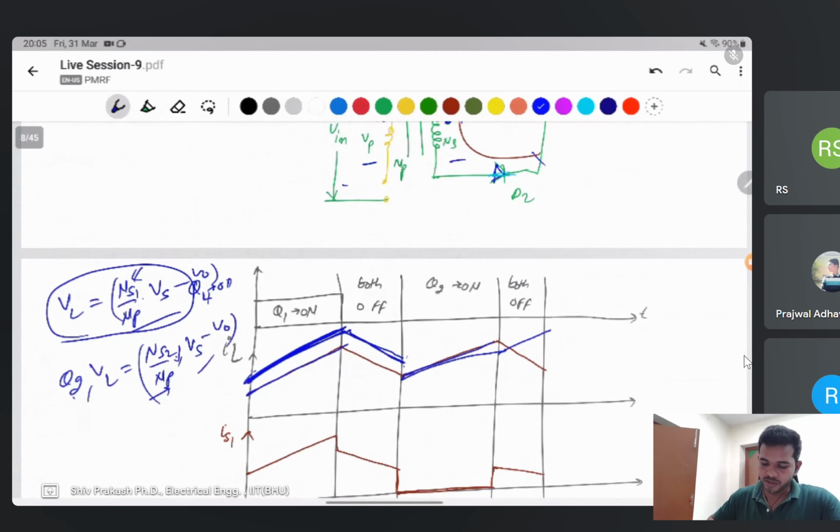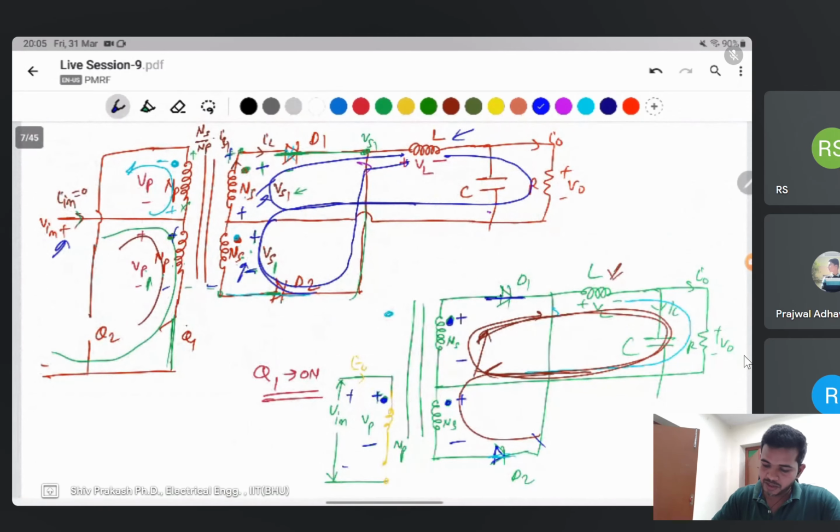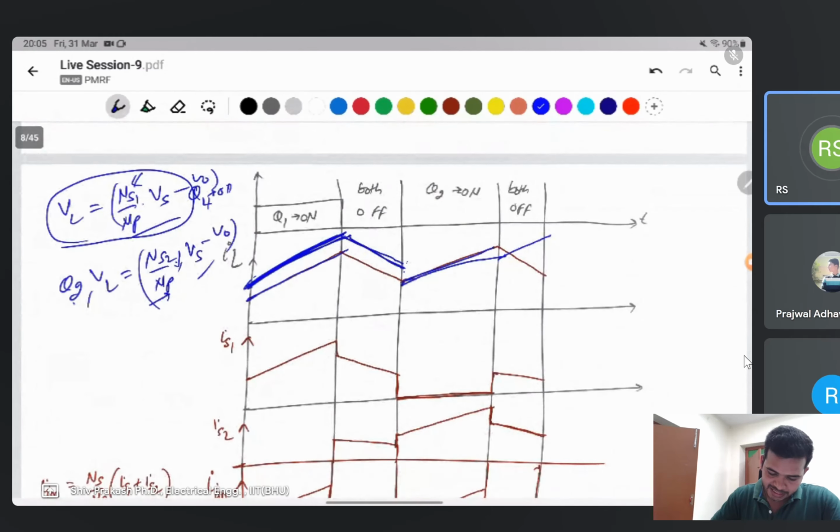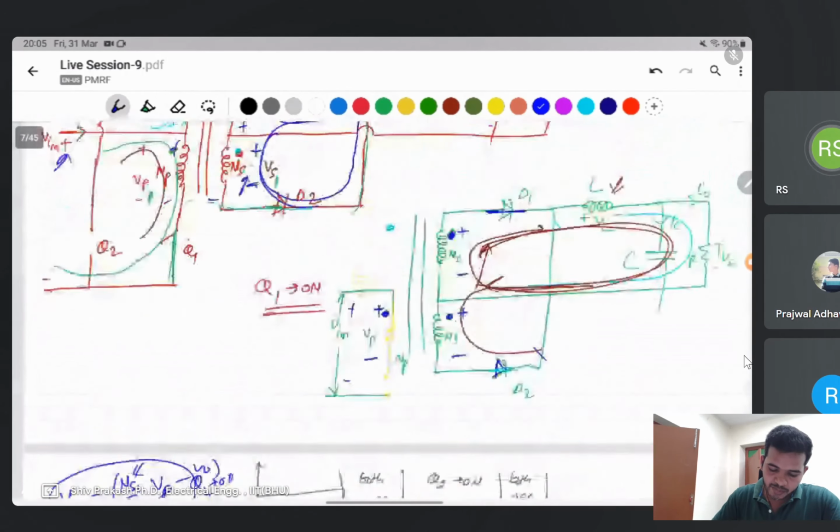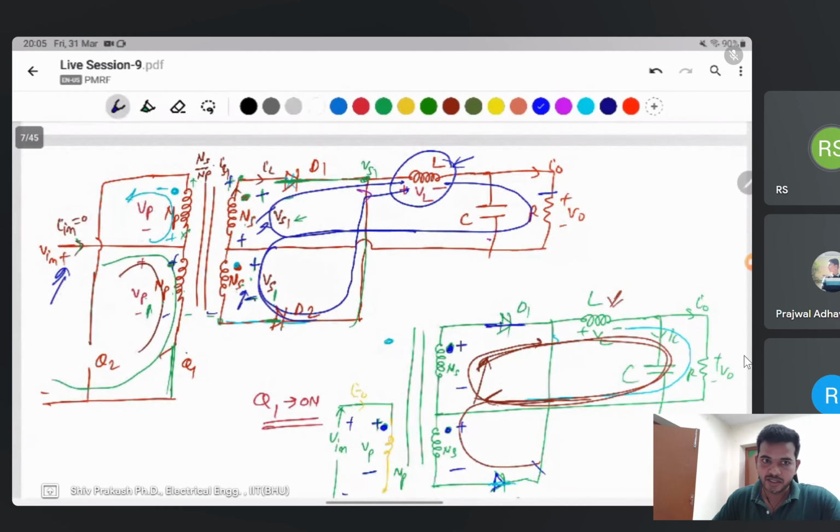And when the switch is on, this voltage appears, plus or minus this voltage, in VL. Now it's okay. Yeah, I have taken it because VP is the same as Vin, yeah, VS. That's why.